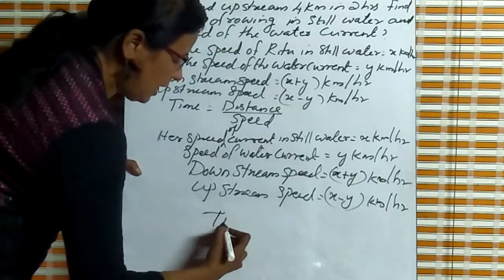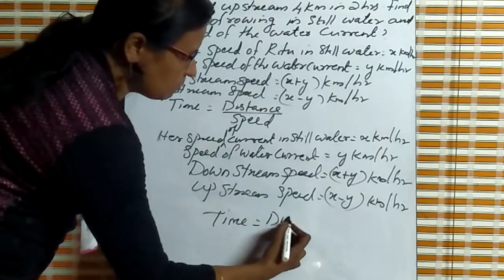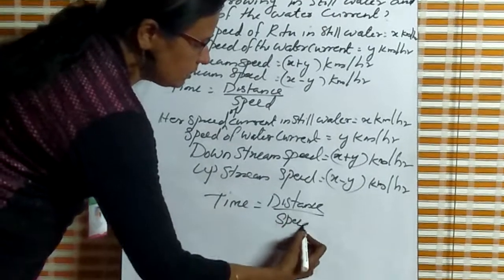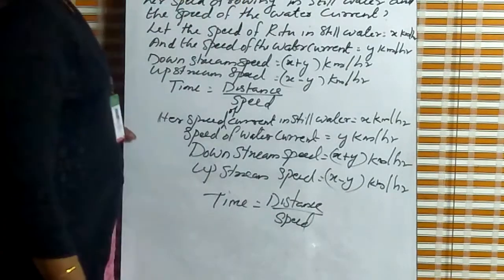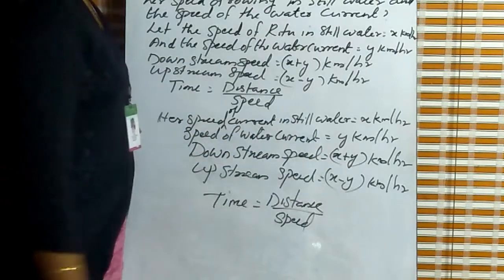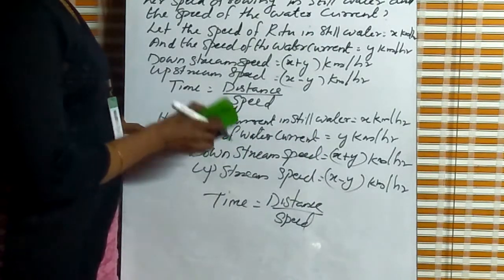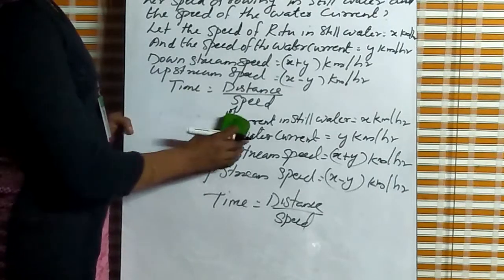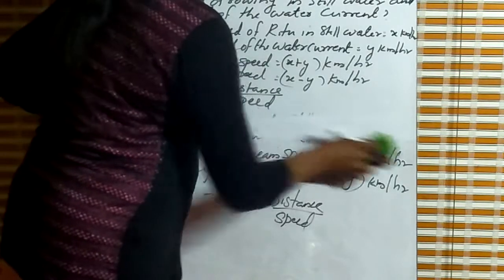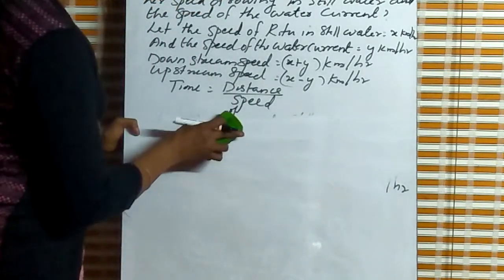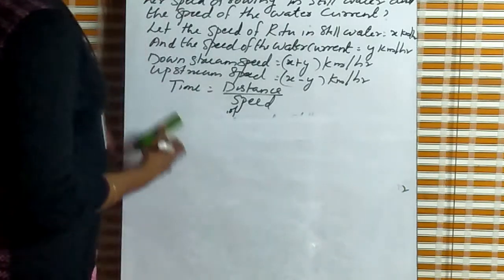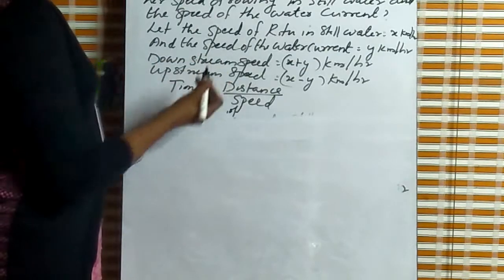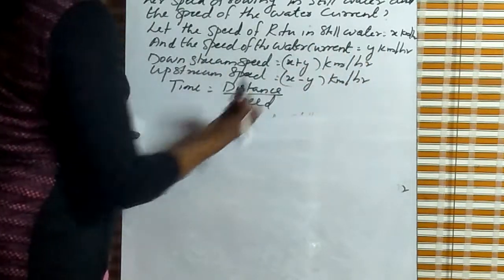Also we know that time is equal to distance by speed. Let the speed of Ritu in still water be x kilometer per hour and the speed of the water current y kilometer per hour.